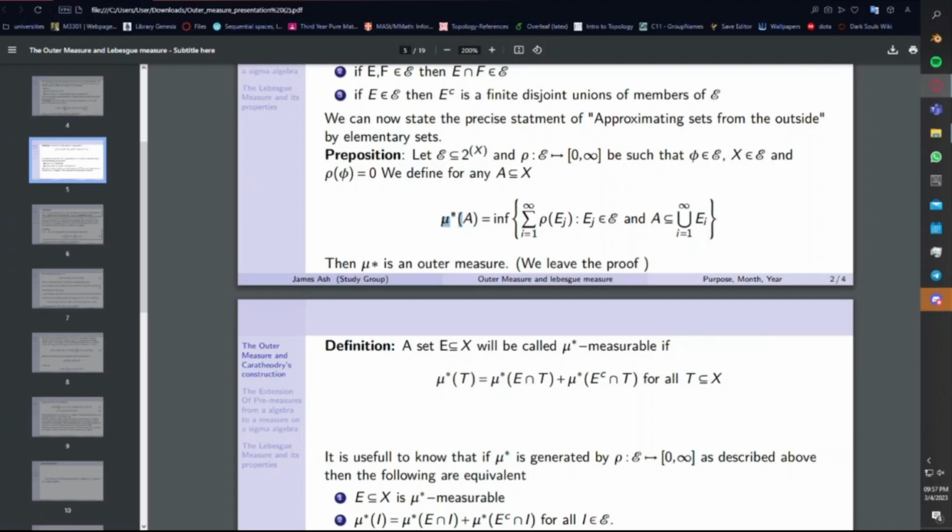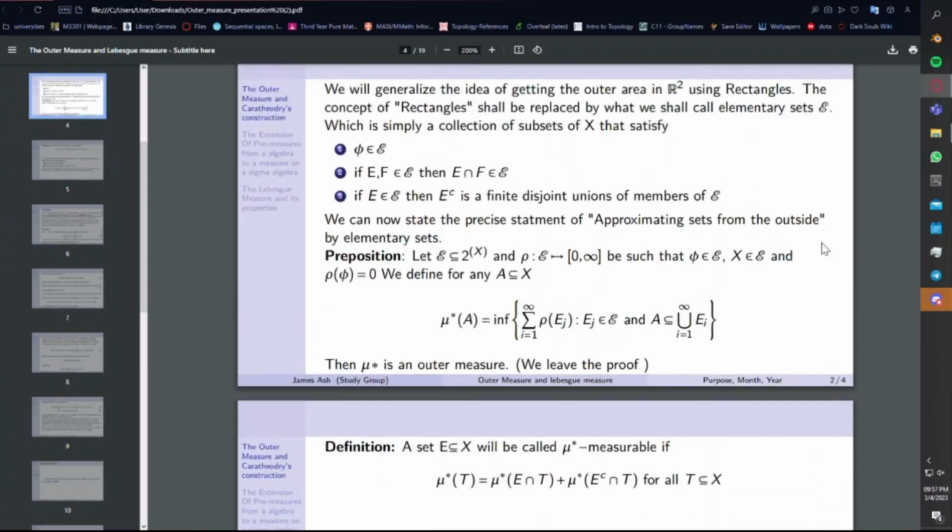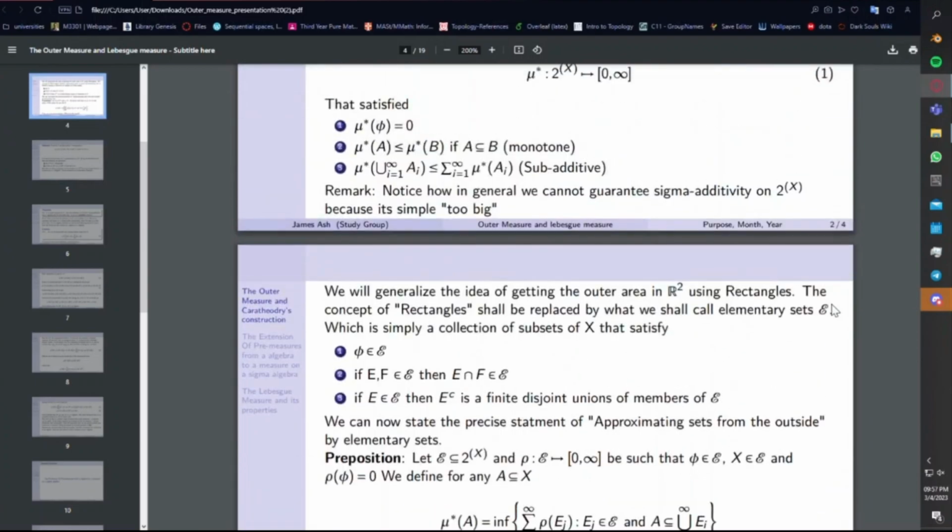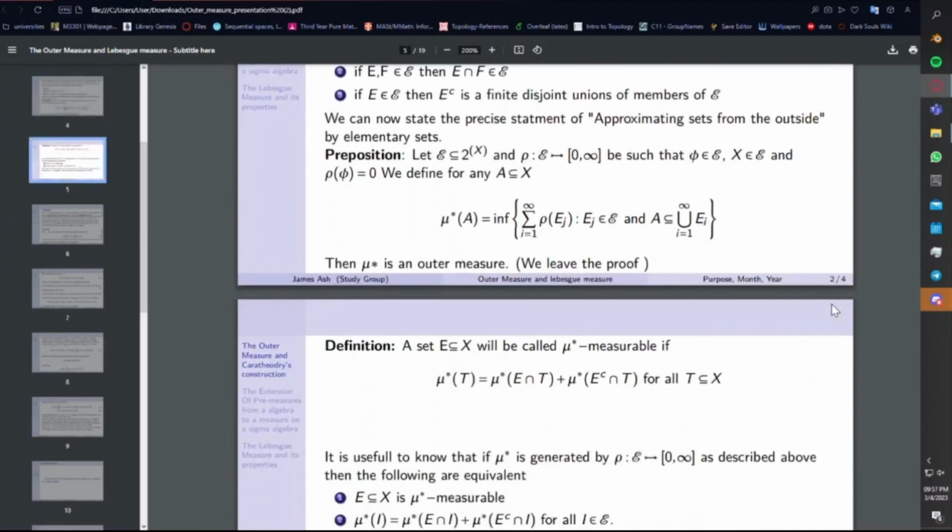And how about their measures? How about their outer measure? It's still going to give a value. I'm not sure if it's going to be infinity or something, but it's still going to give a value because it is defined from the power set to [0, infinity], so it's going to give a certain value for it. I'm not sure if it's always going to be infinity or not, but it will still give a value. It doesn't always have to be infinity, because of the second thing in the definition of an outer measure.